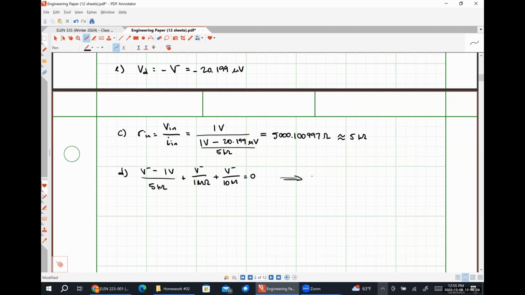We can solve this and find that our new V minus, with our output short circuited, comes out to be 445 volts.